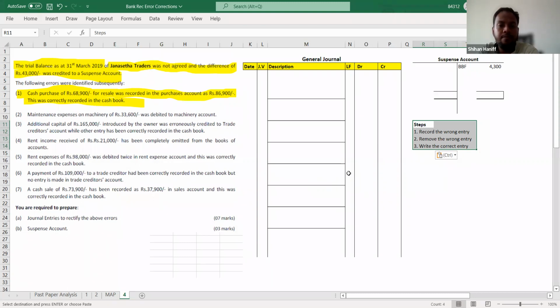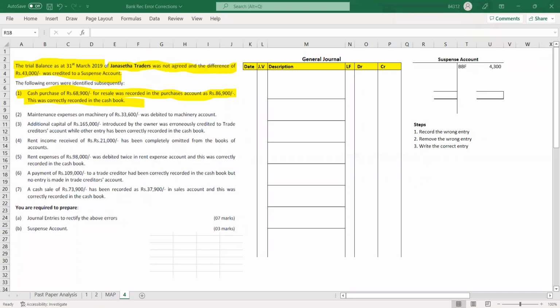Let's record what they have done. So I need two ledger accounts, a cash account and a purchases account.